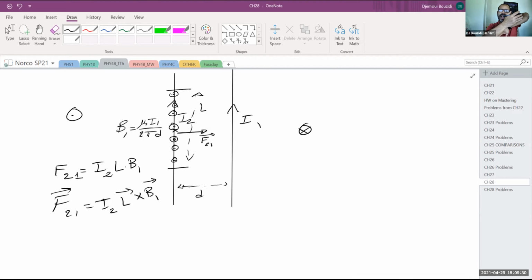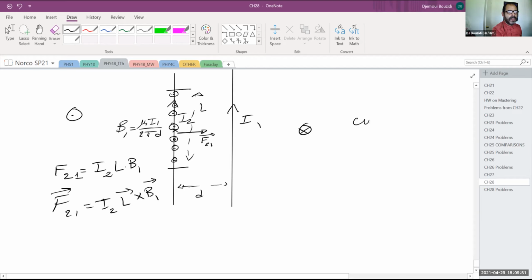If the current was going in the opposite direction, like the problem that we have right now, if the current was actually going down, this L needs to be pointing down. So if I do the calculation again, L is going down first, and the magnetic field is coming out of the screen, so the force will be pointing in the opposite direction.